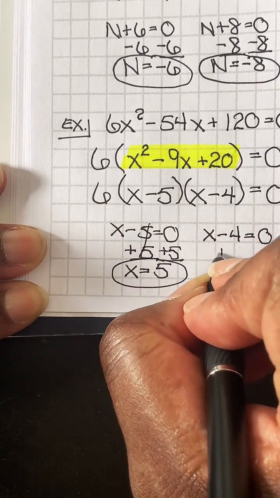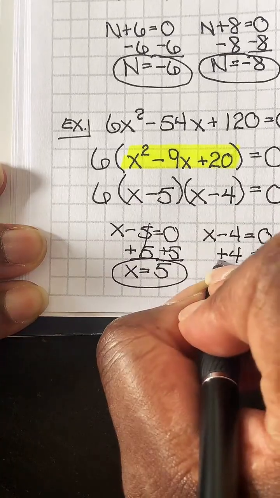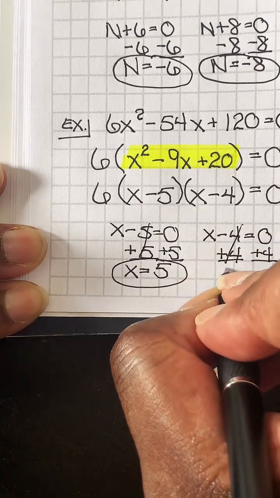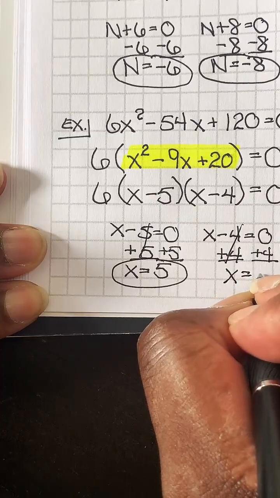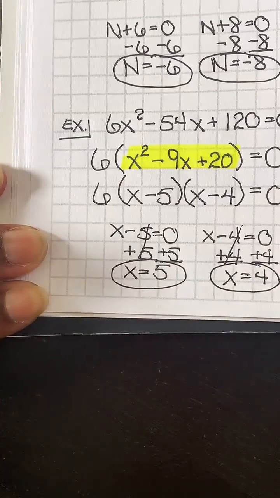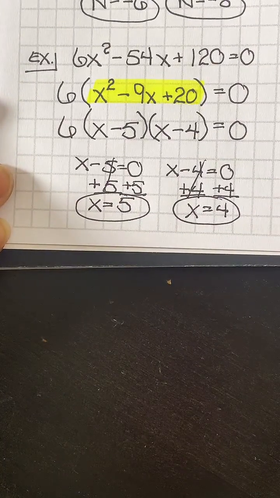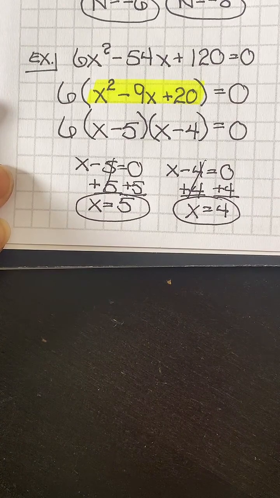And this one we add 4. So my x is equal to 4. Okay, so my two solutions are a positive 5 and a positive 4.